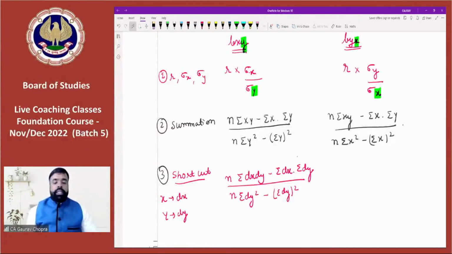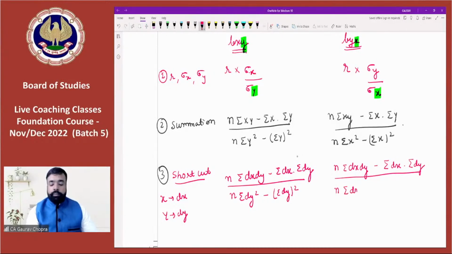Now byx is n sigma dx dy minus sigma dx into sigma dy upon n sigma dx square minus sigma dx whole square.